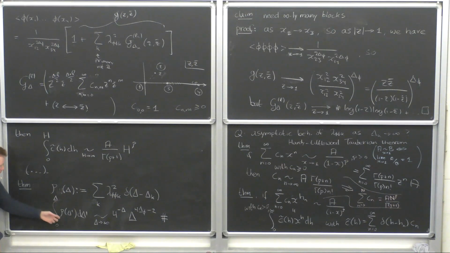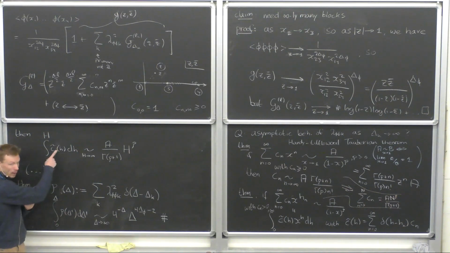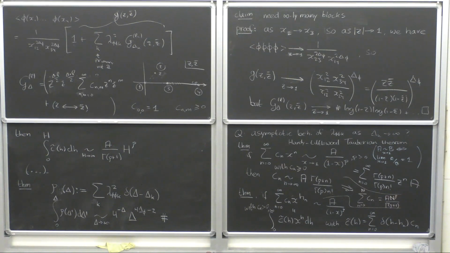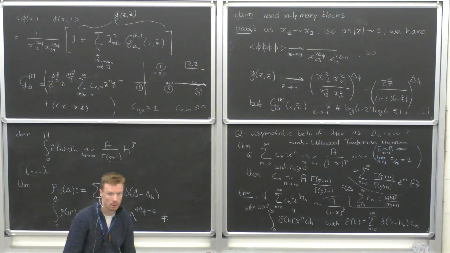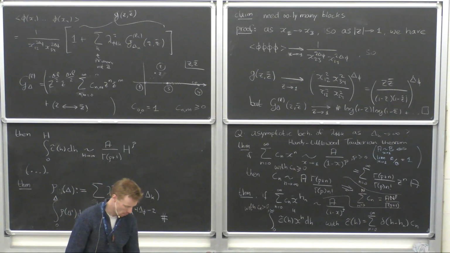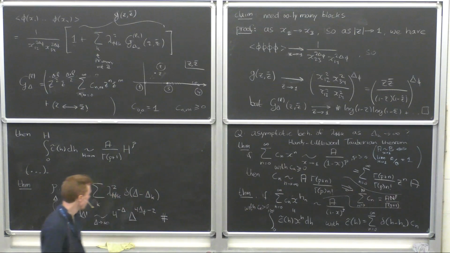So it's the asymptotic behavior of rho of delta prime d delta prime. So think of it as a measure. It's exactly analogous to this. Okay, any more questions? Yeah, so sorry, I think this is correct, but I'll check it in the break.